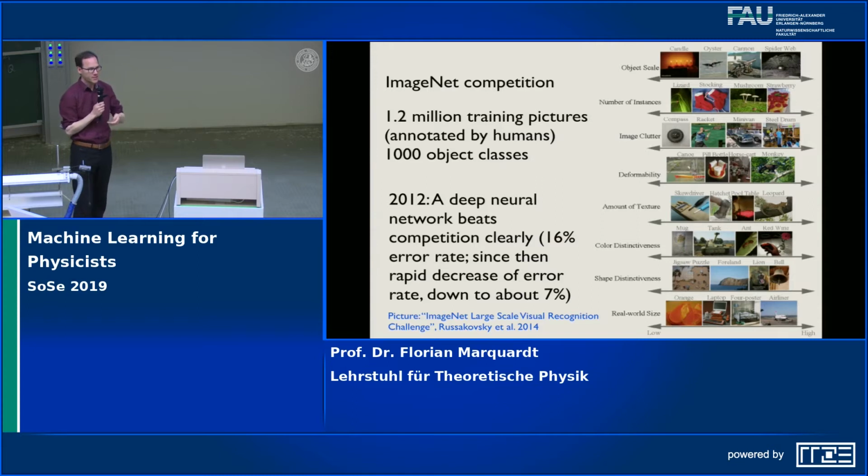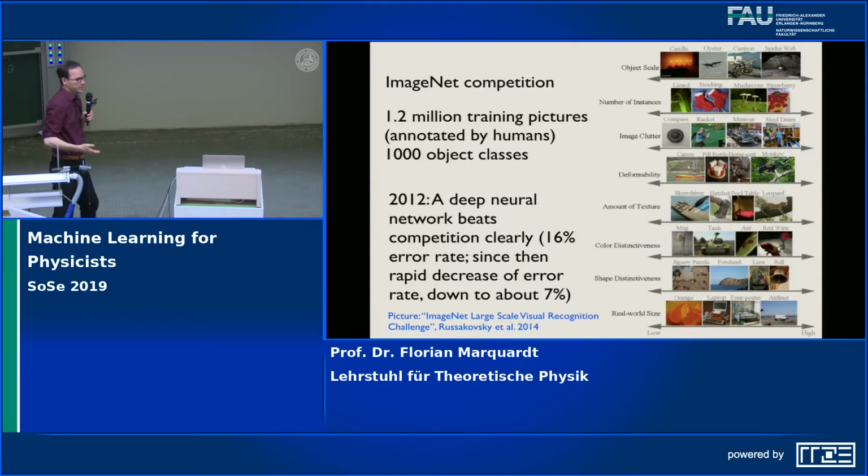So they announce some challenge. In this case, it was a challenge to be able to recognize images. And then everyone can try to write clever algorithms and try to solve this challenge as well as possible. And this particular challenge is called the ImageNet Competition.